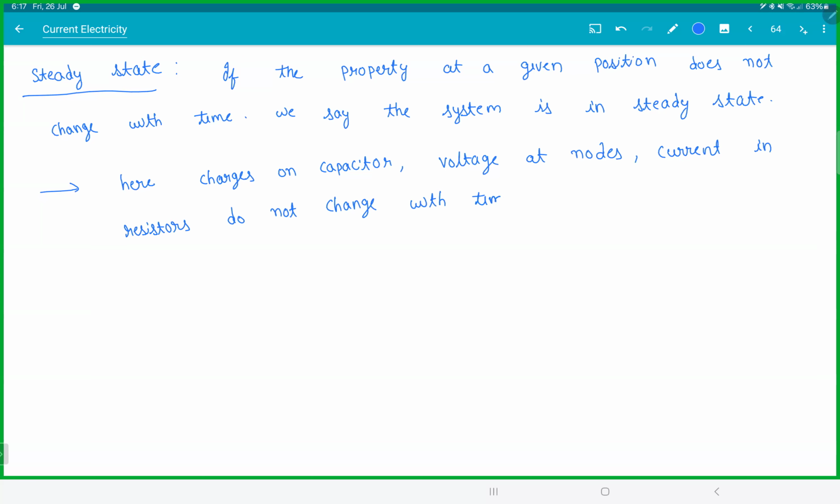So in circuits, that is the meaning of steady state. If you take a capacitor and the charge is going to remain constant, now again, when I say steady state, it doesn't mean the charge on the capacitor is zero. So for a capacitor in steady state, Q is constant.